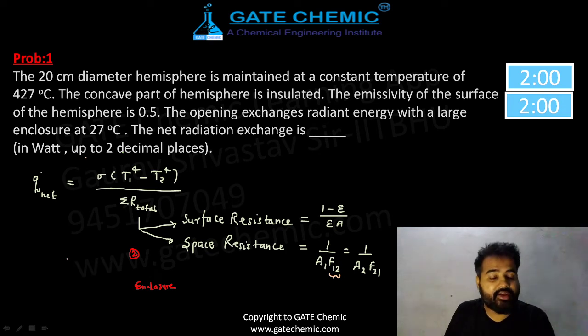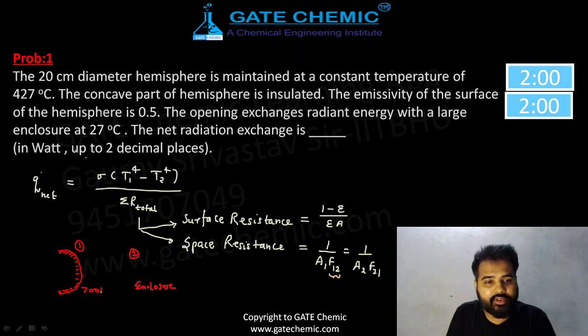Because in that manner, F12 is missing in your problem. No, here in this case, beta, you can see F12 you can take as 1.